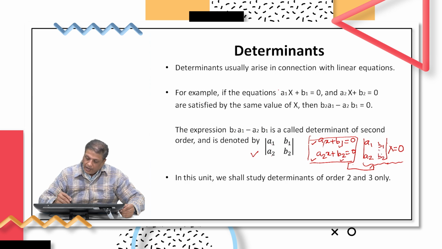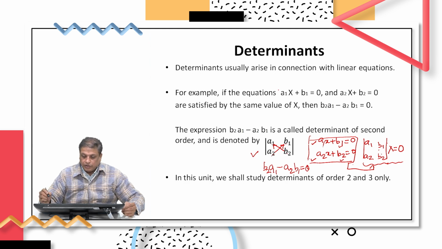We multiply B2 by A1 and A2 by B1, that is, B2 into A1 minus A2 into B1. So B2 into A1 minus A2 into B1 equal to 0 will give you the value of x.